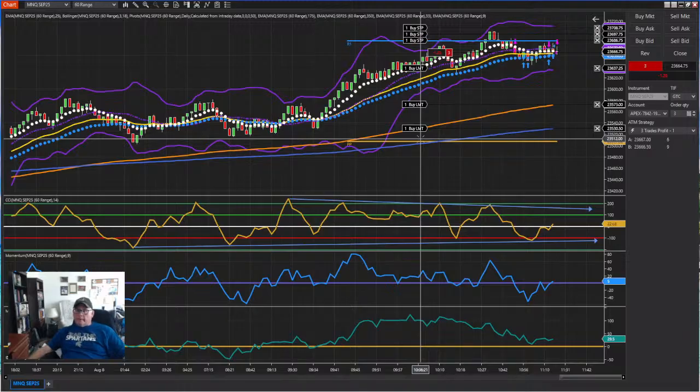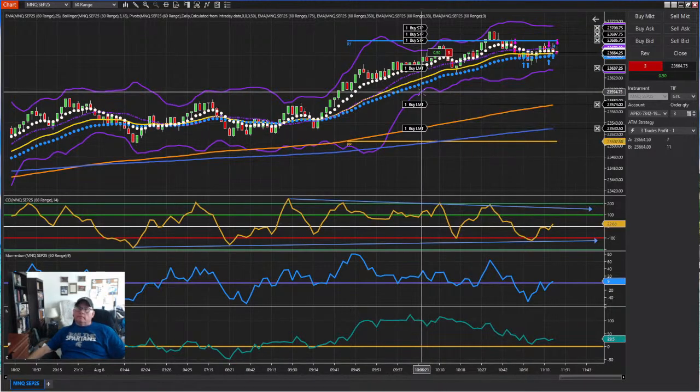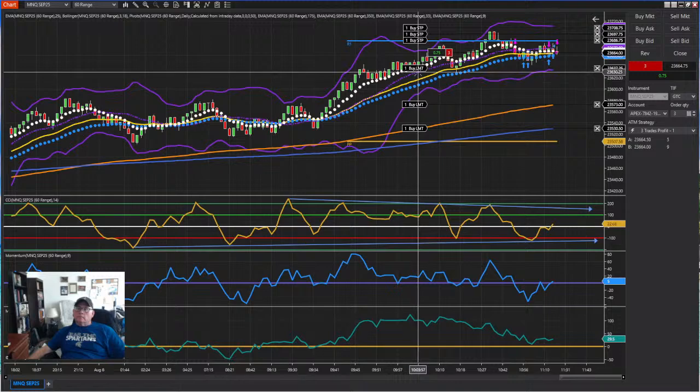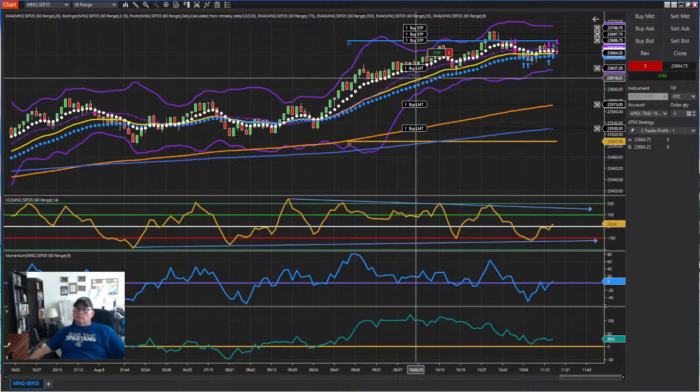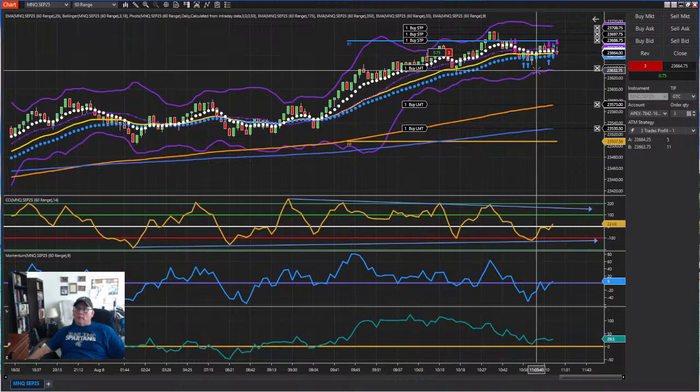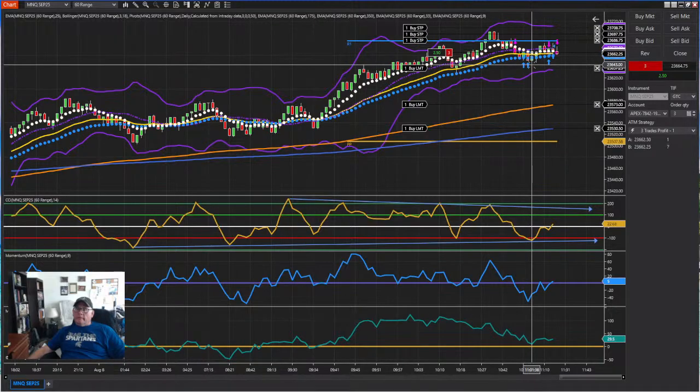$11.26. Watching for a bounce right around here.